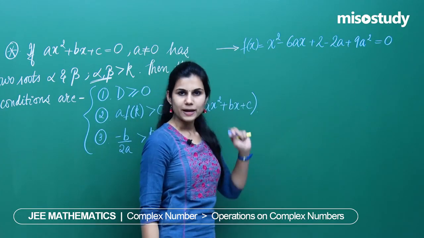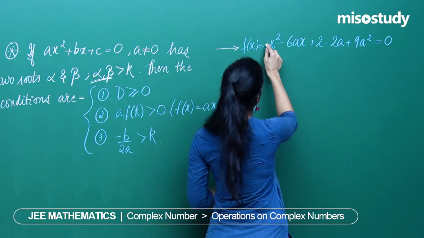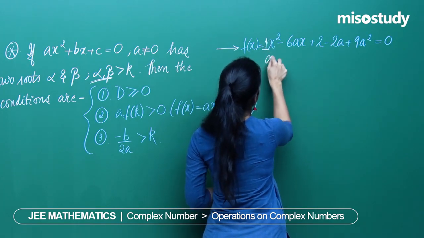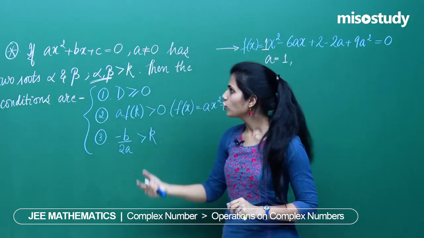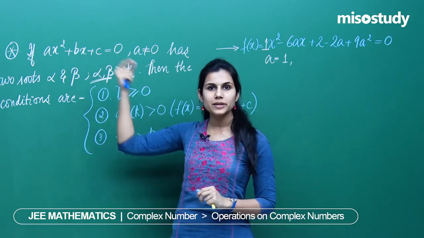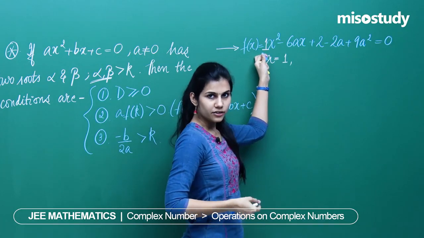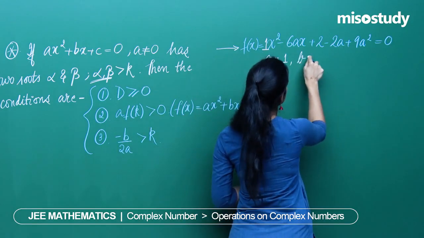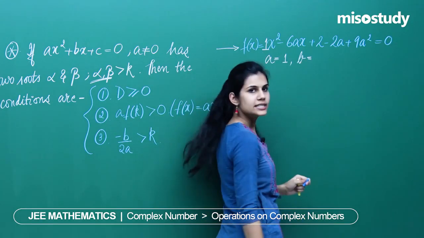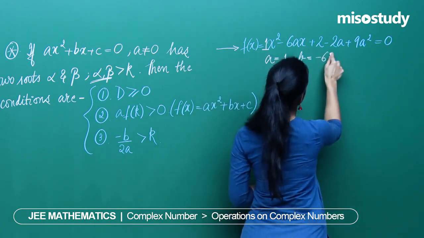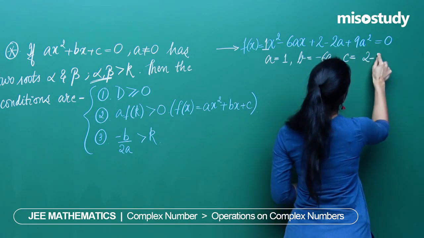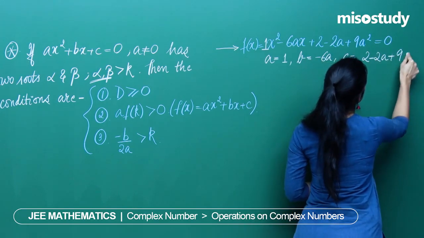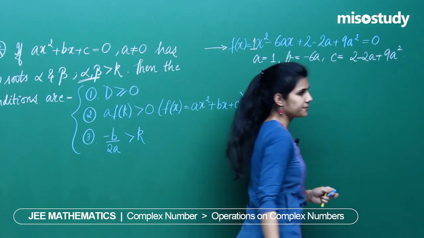Fine. This is my quadratic equation. What is my a? A is 1 over here. If I compare it to the general quadratic equation ax square plus bx plus c, this is 1x square. Fine. B is what? Minus 6a. And what is my c? That's the constant term, 2 minus 2a plus 9a square.